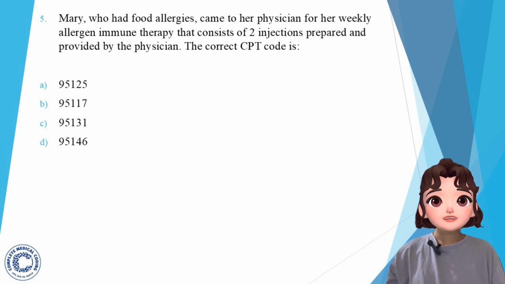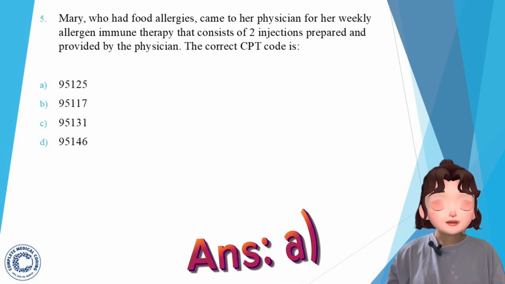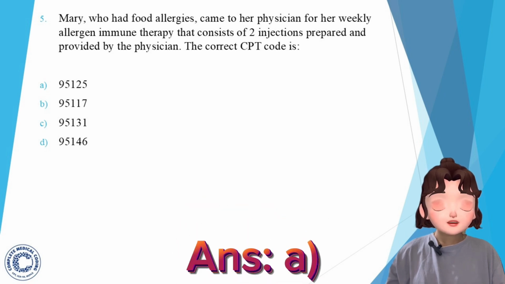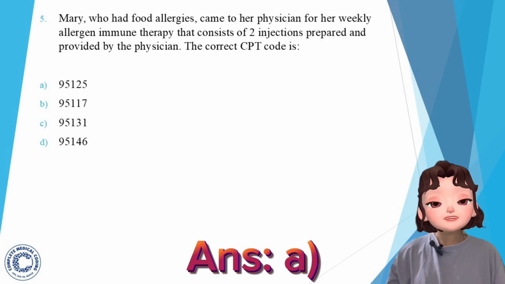What is in our question? Including allergenic extract, because it is already mentioned in the question that the patient Mary was having food allergies. Okay, and she came to her physician for weekly allergen immunotherapy. It is provided by the same physician. So you have to code the first one, 95125. Professional services for allergen immunotherapy in the office or institution of the prescribing physician.